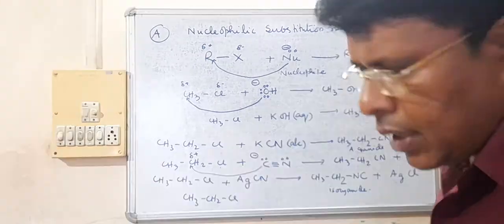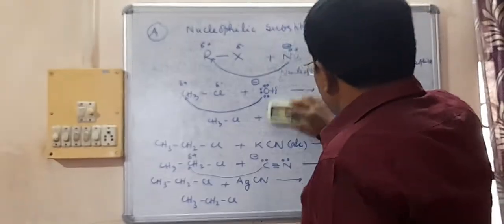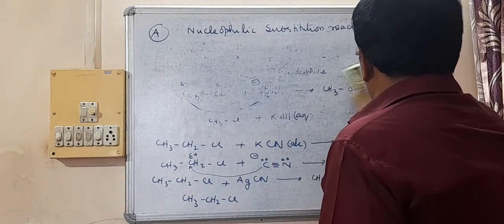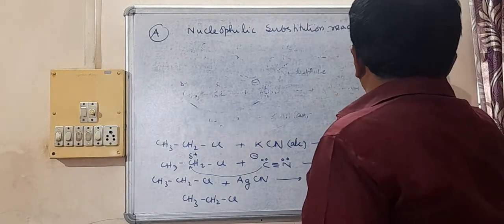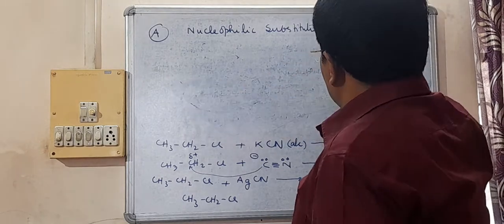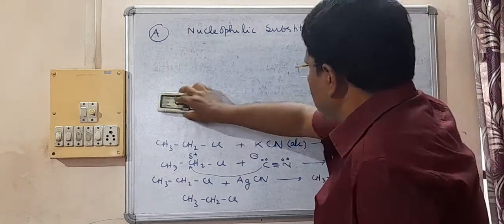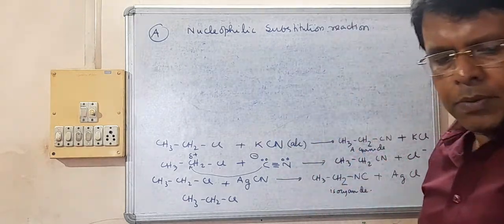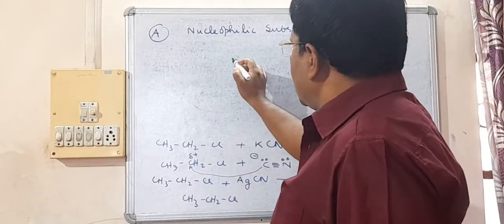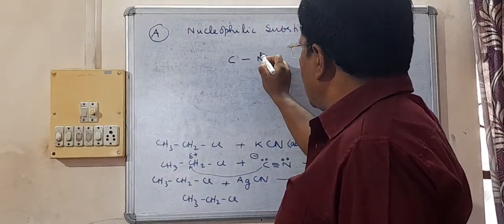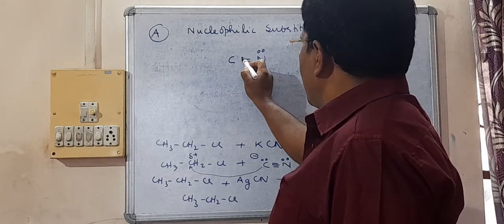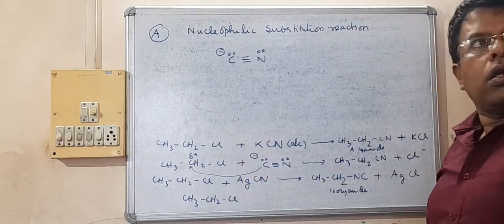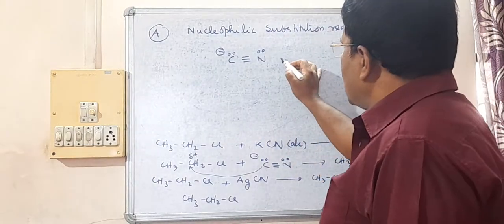So the explanation is like this. Suppose I am writing the structure of the cyanide ion once again. There occurs a resonance.